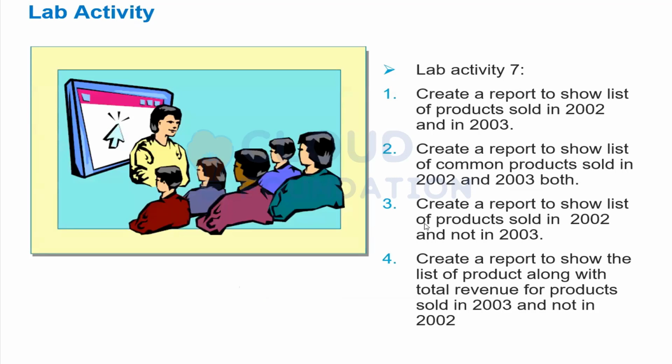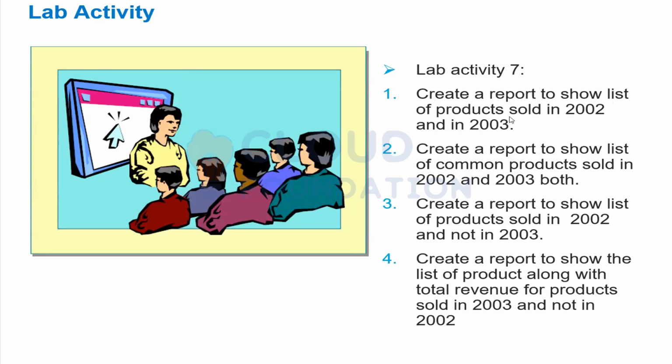This is the lab activity that we can do using inner and outer queries. First one: create a report to show the list of products sold in 2002 and in 2003. Then: create a report to show the list of common products sold in 2002 and 2003.